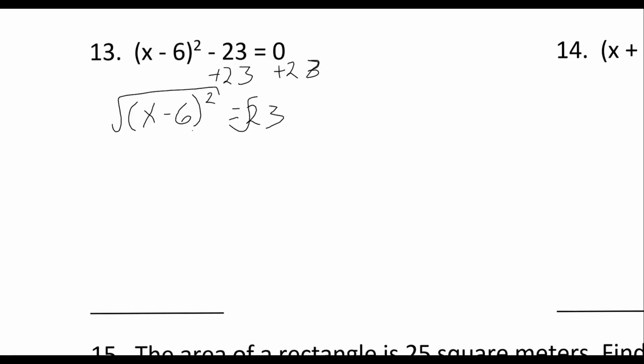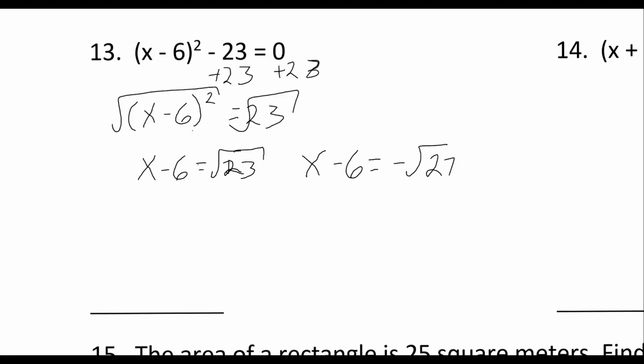I take the square root of both sides, and that's x minus 6 equals the square root of 23, and x minus 6 equals negative square root of 23.